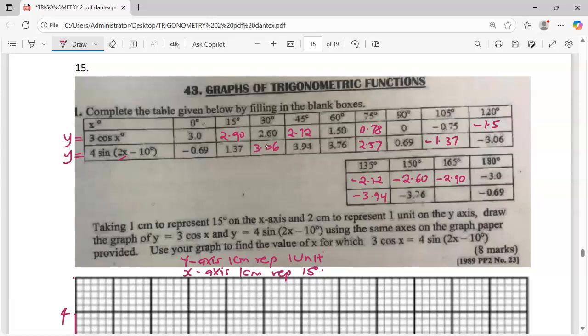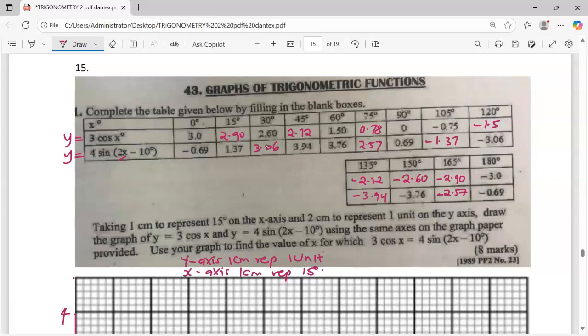Next, we have negative 3.76, and at 165, we are going to have negative 2.57, and lastly, we are going to have negative 0.69.